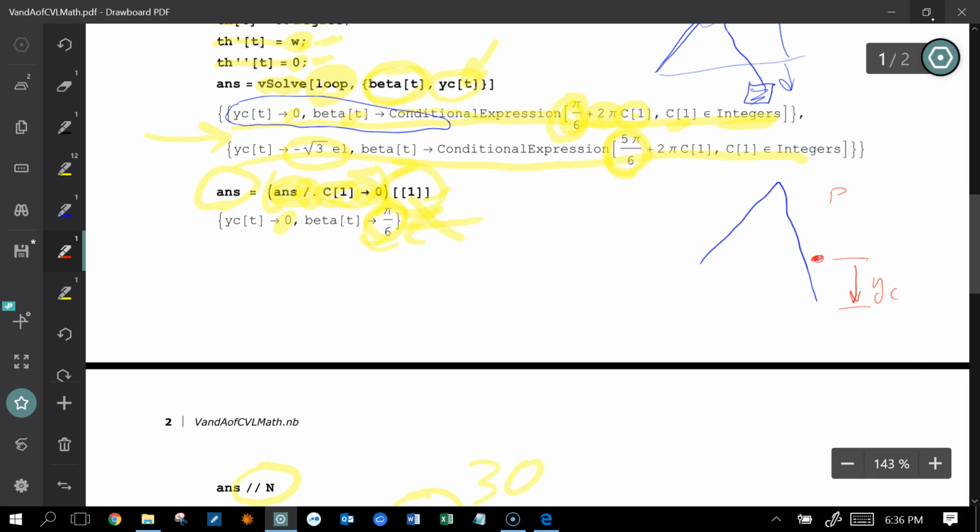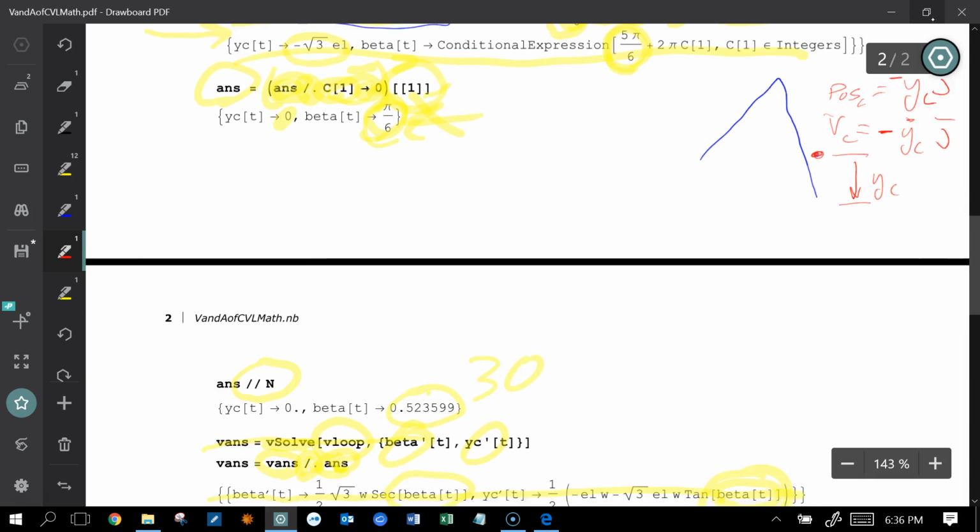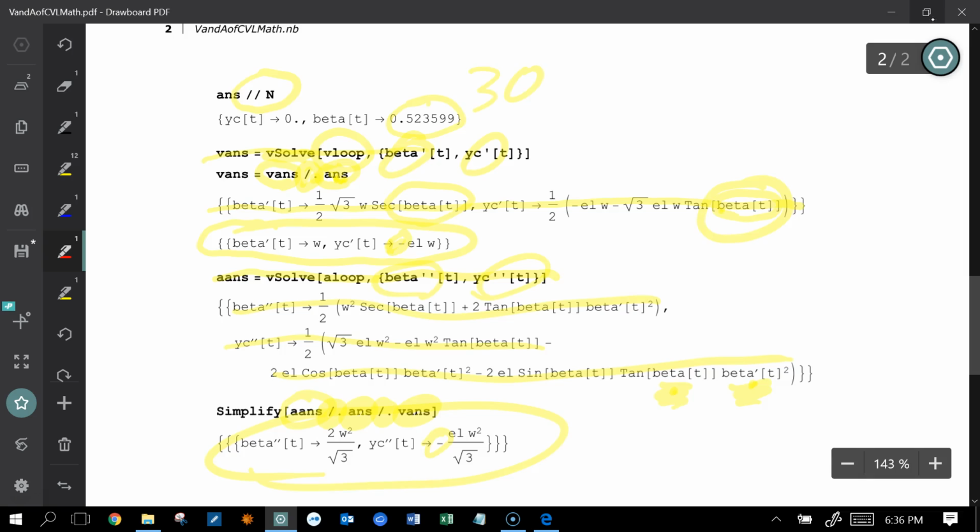The position of C was a distance YC down from the red dot, measured from a fixed point. The velocity of C is equal to a minus YC dot J, and we've discovered that YC dot is a negative number.